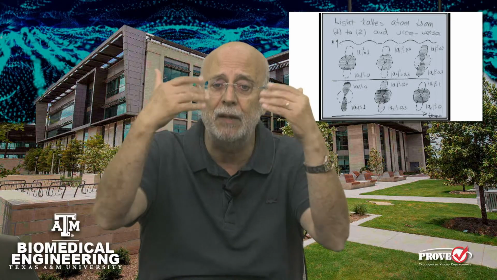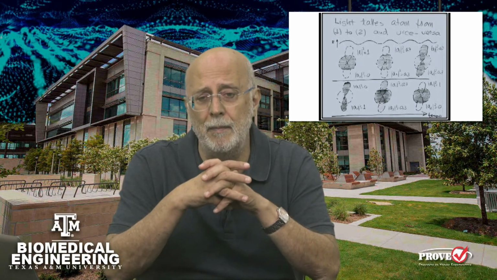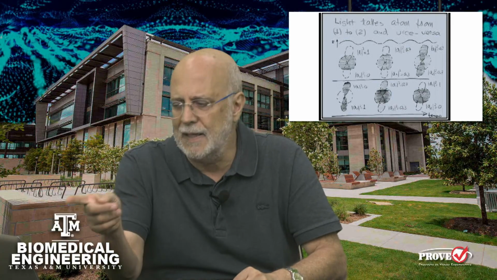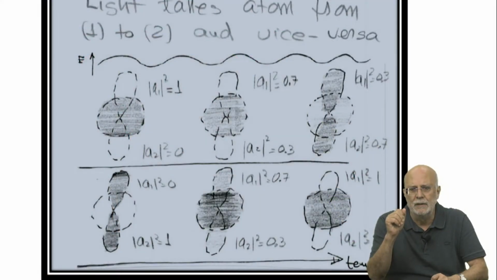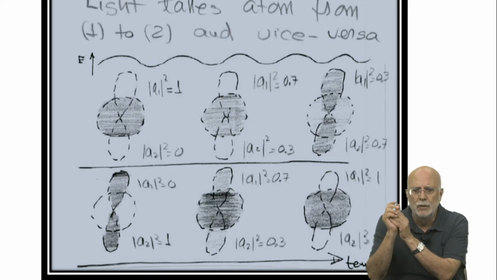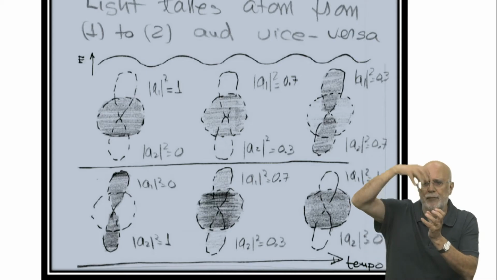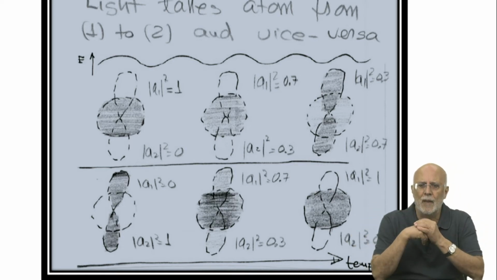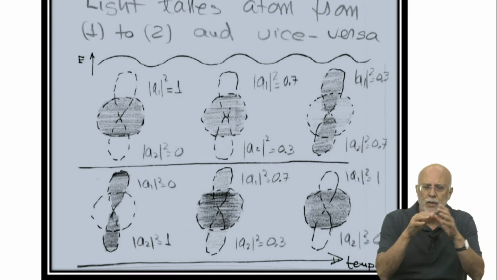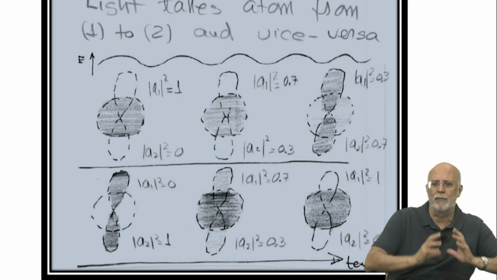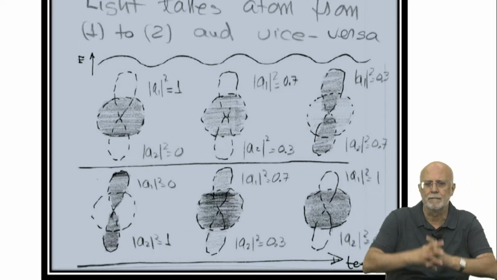And if I keep the interaction going, as time passes, more energy will be coupled. And then suddenly you see the system fully in orbital 2. So the 2 bumps are now fully dark and the spherical one is empty, right? As things evolve, I'm transferring the probability of being in one state to being in another.